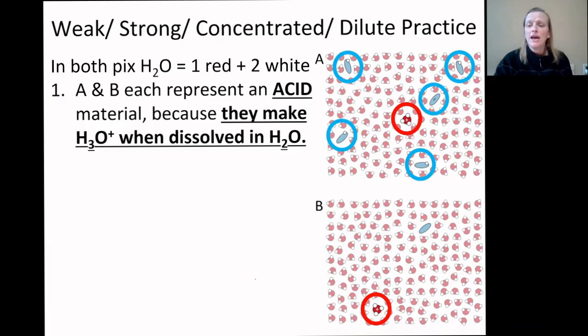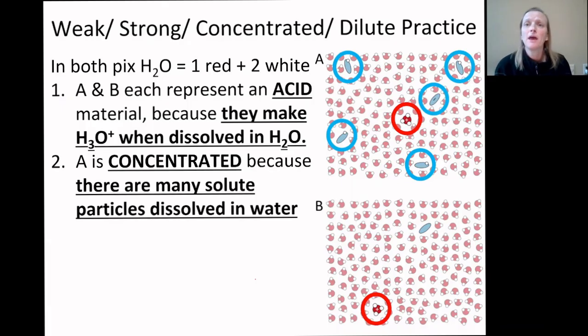Now, look at these particles here. A is whatever the acid is, we're going to call it acid A, or picture A. A is concentrated because there are so many solute particles dissolved in water. Remember, concentrated versus dilute refers to how many moles of solute you have dissolved in a certain volume of solution.